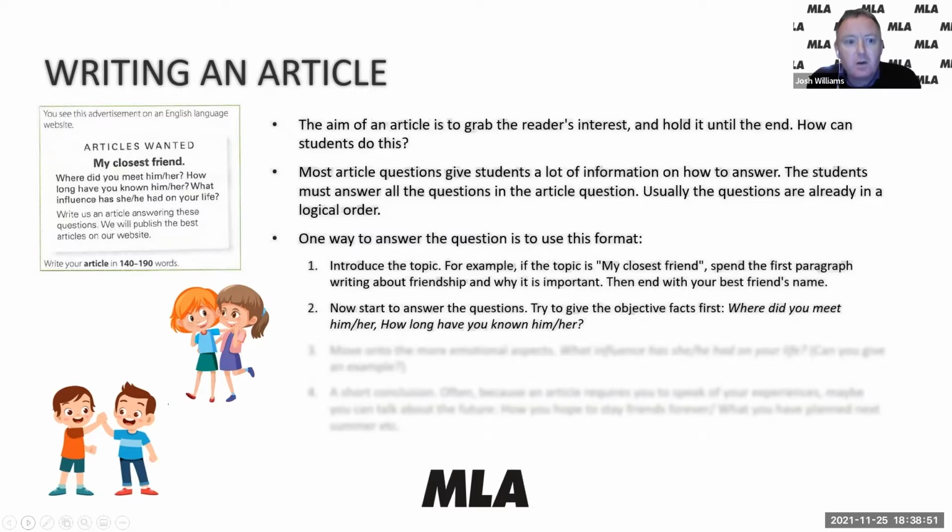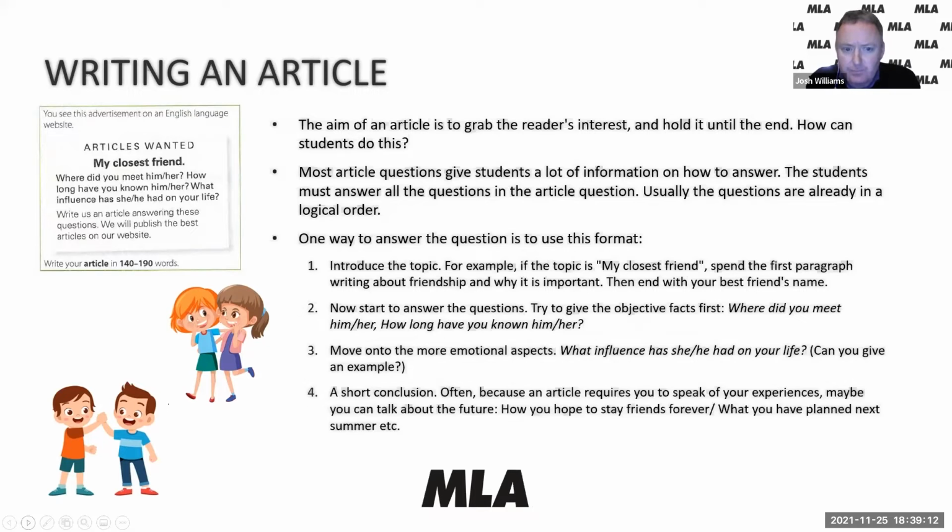Now, start to answer the first questions. The first questions are probably going to be some sort of objective facts: where, when, how long. And then more emotional aspects in the next paragraph. These, again, will be the questions in there, but these are sort of things where you can digress a bit, give some examples.